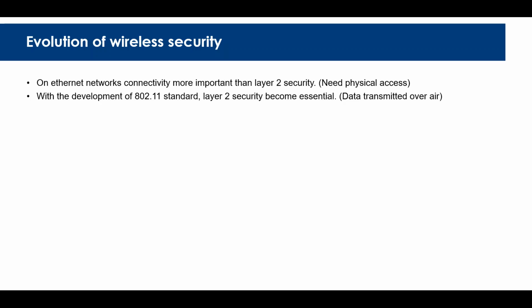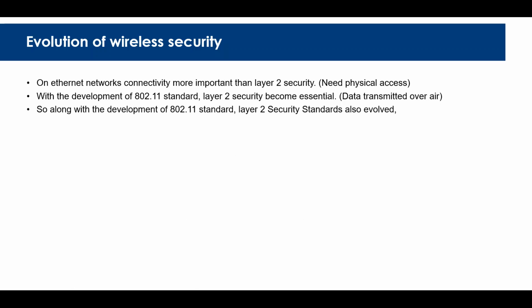With the development of the 802.11 standard, layer 2 security became essential. The main reason was that the actual 802.11 packet is transmitted over the air. A malicious user, sitting in a car parking area, can sniff the wireless packet and read what is getting transmitted between the hosts.